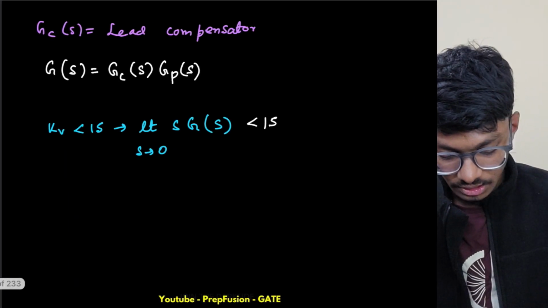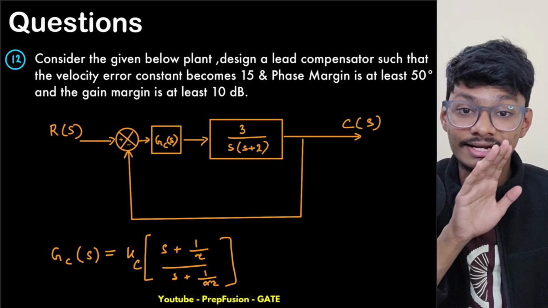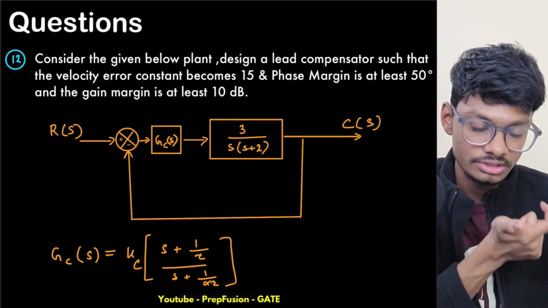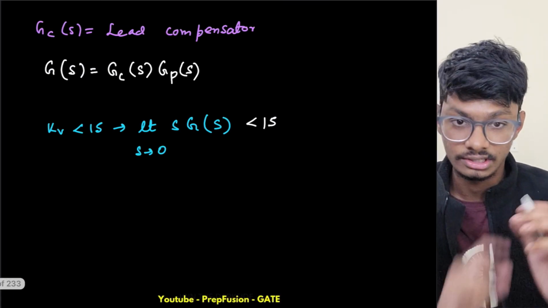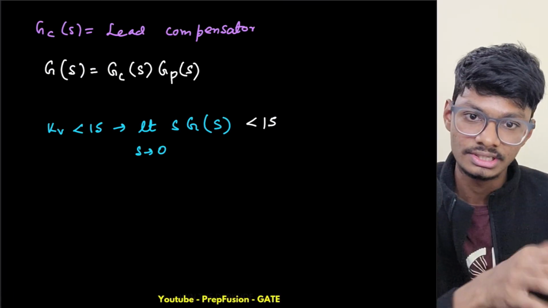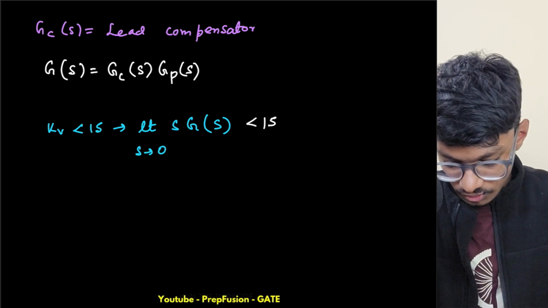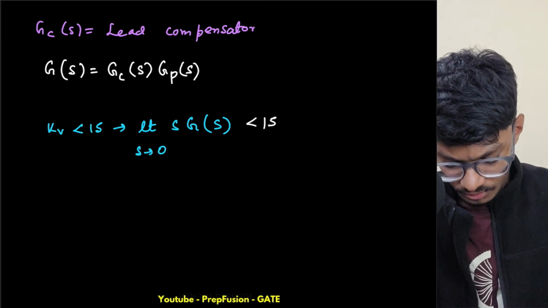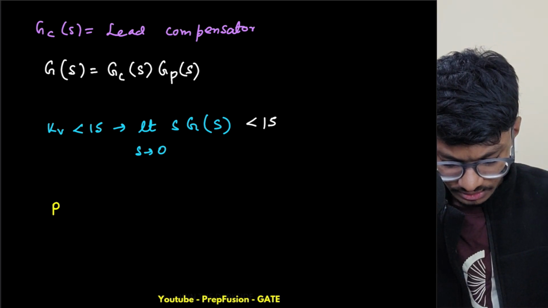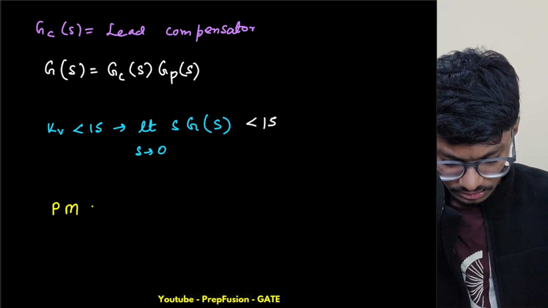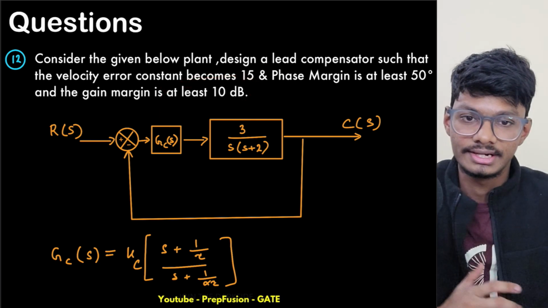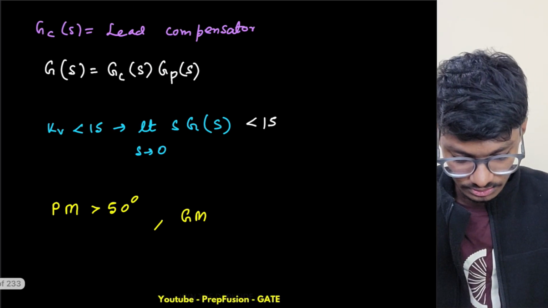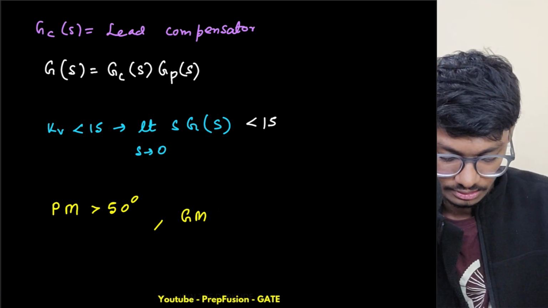And what is another condition? The phase margin is at least 50, so the phase margin has to be equal to or greater than 50. It can't be lower than 50. The more the margin there is, the more relatively stable the system is. So the phase margin is greater than 50 degrees and my gain margin is at least 10 dBs, that is, greater than 10 dBs.